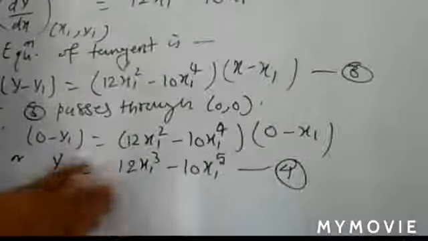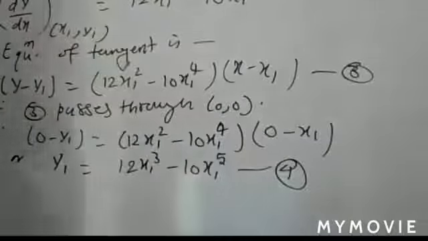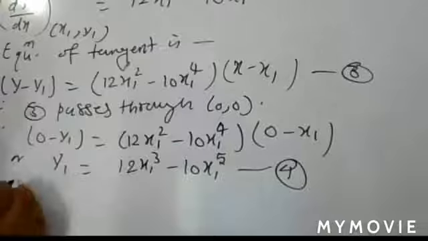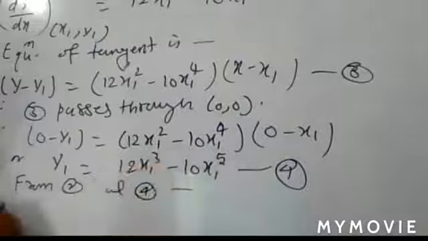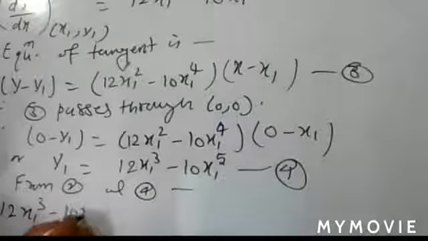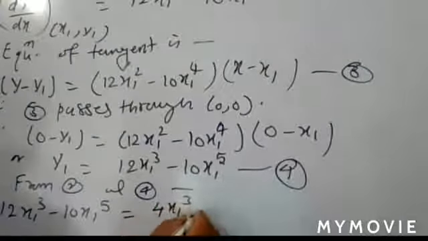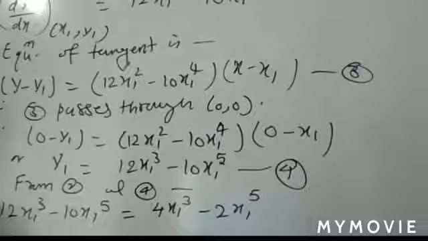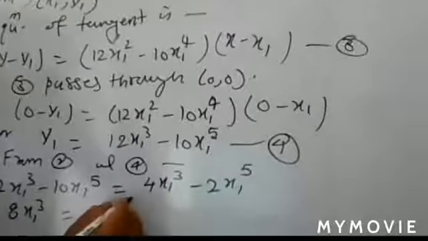Understand? With the help of equation 4 and the second equation, you can find the values of x1 and y1. From second and 4, you have 12x1 cube minus 10x1 to the power 5 equal to 4x1 cube minus 2x1 to the power 5. Simplifying it, you have 8x1 cube is equal to 8x1 to the power 5.